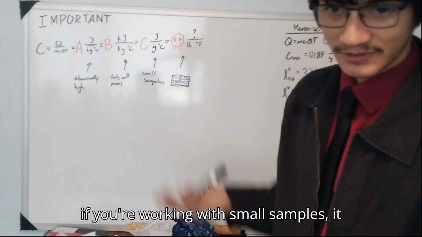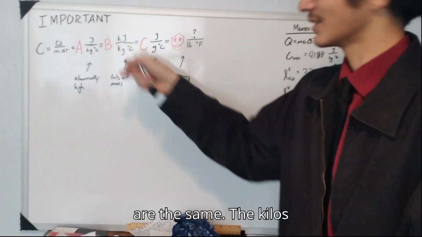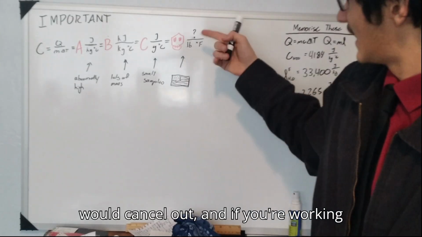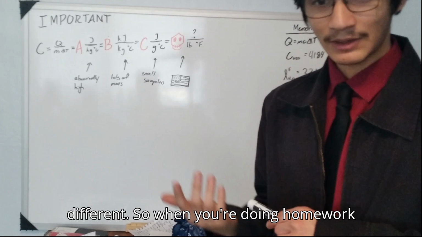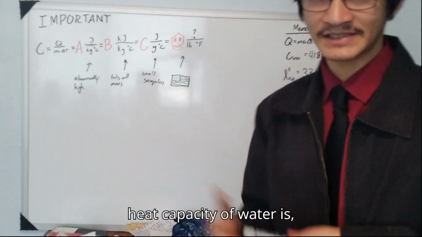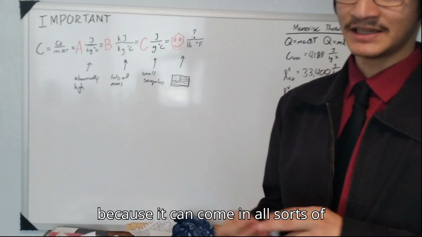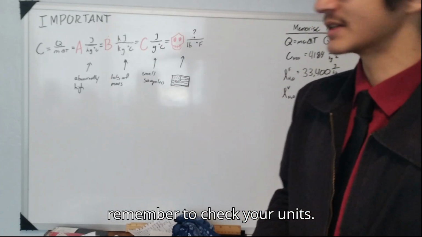And if you're working with small samples, it can be joules per gram, even though these are the same, because the kilos would cancel out. And if you're working with American units, it would also be different. So when you're doing homework problems, don't just look up what the heat capacity of water is, because it can come in all sorts of units, so just be careful and remember to check your units.